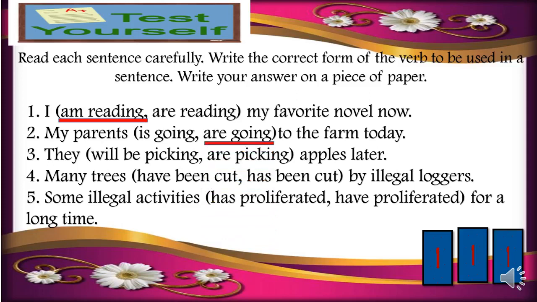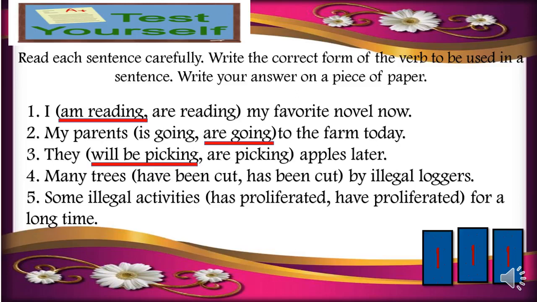Okay, are going because the subject is my parents, and parents is in the plural form. Next, they will be picking apples later. Okay, so they will be picking apples later.